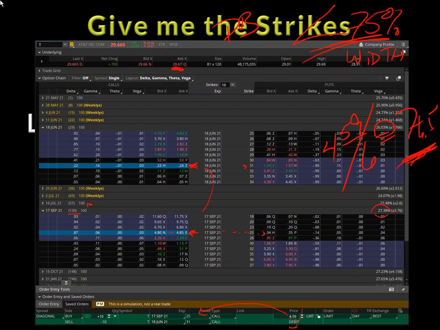I was paying like $9.50 for a $10 wide spread. That's not very good. It was like 95% the width of the spread. All right, so stay away from that. Try and keep it less than 75%. Usually it will be right around there if you're following along with these guidelines that I've set for you as you're going along, all right?